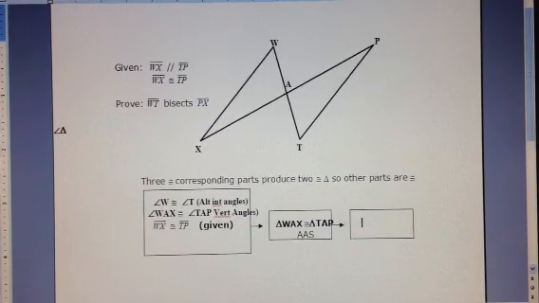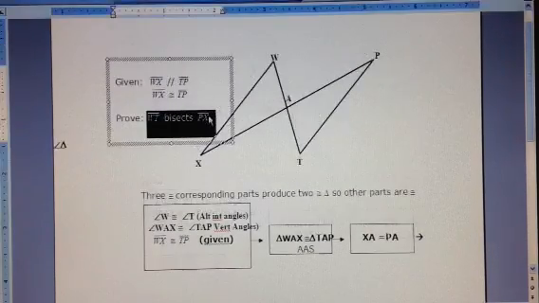And then over here, we can say that XA and PA are the same. Well, it shouldn't say finally because we're not quite done yet. Here we have to then add a line, and say, well, that means that WT bisects PX.